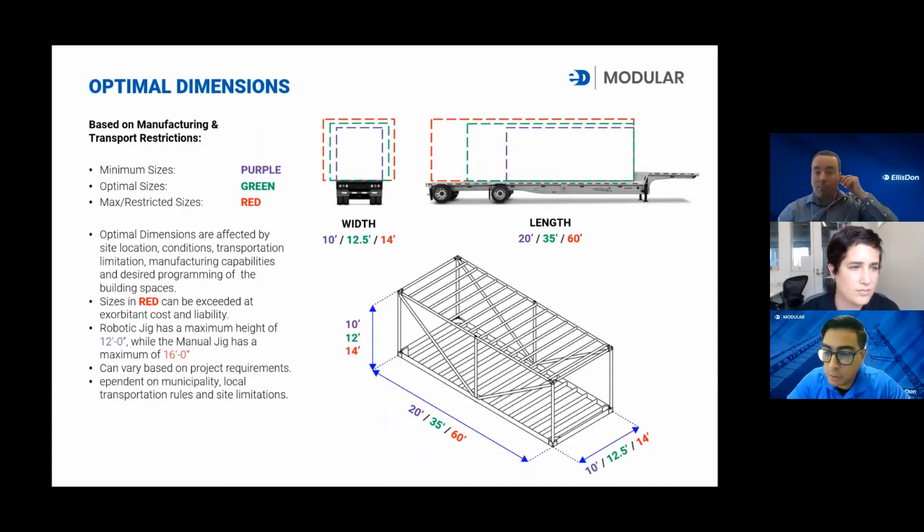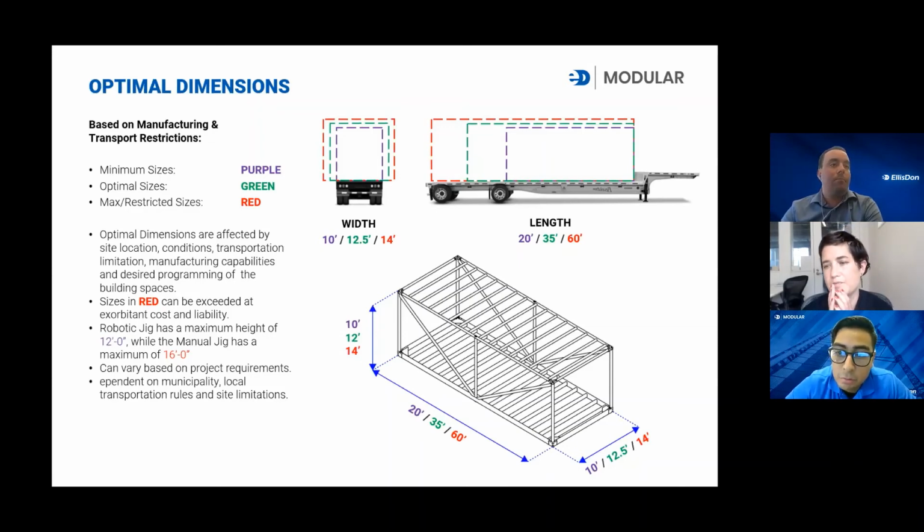I know we're coming short on time, but typically for laying out modules onto your floor plate in a building, for you fellow architects and designers that are tuned in, if you were to follow the minimum sizes and the optimal sizes in either purple or green, you should be able to achieve the modular efficiencies that we've noted before.